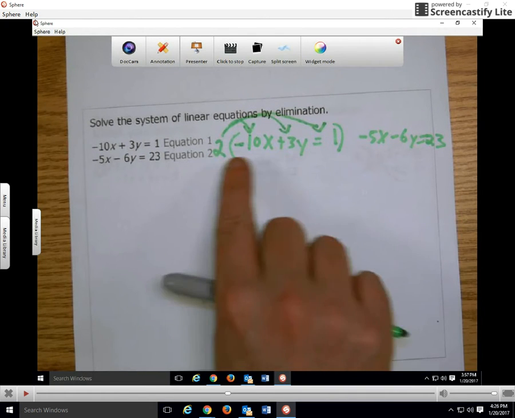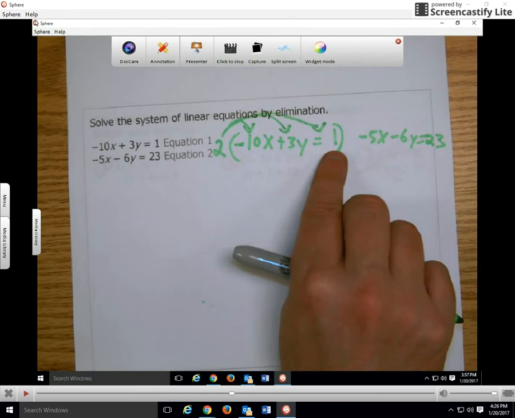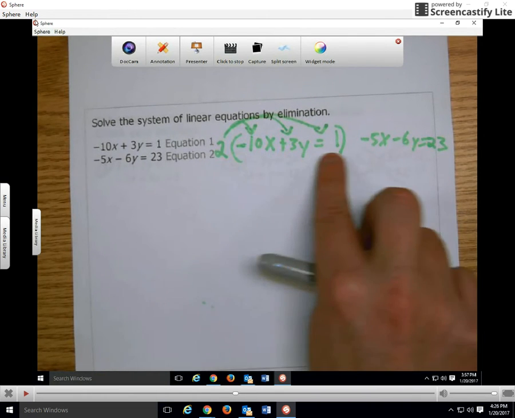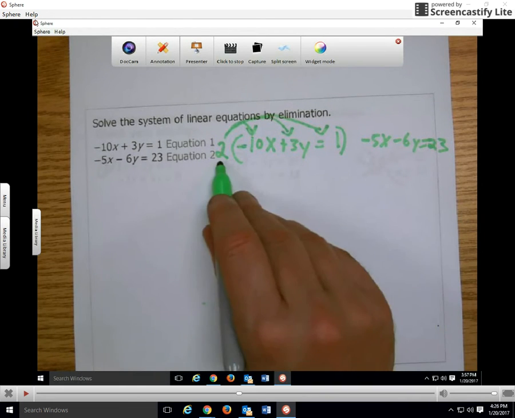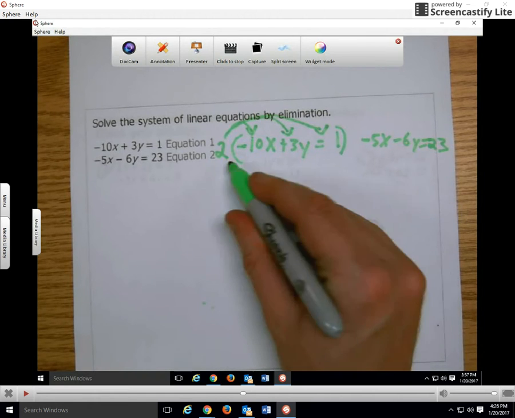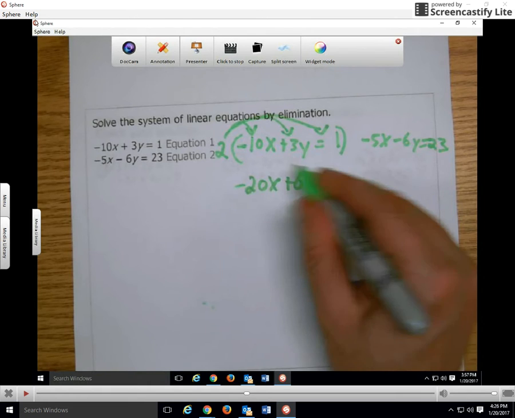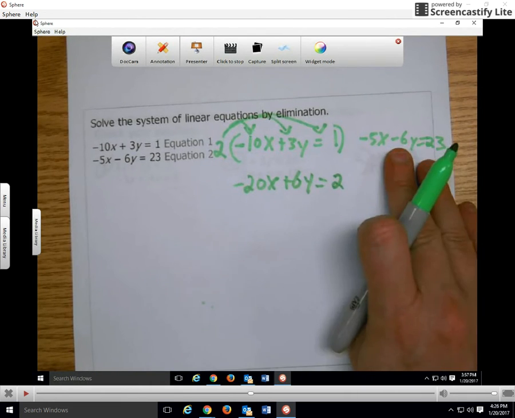But remember, if you do something to one side of an equal sign, you must do the exact same thing to the other side, or it wouldn't be equal. So we're multiplying the whole thing, that's both sides, by the same number. Okay, so 2 times a negative 10 is negative 20. 2 times 3 is 6y. And then 2 times 1 is 2. Alright, the other one we can leave exactly as it is.